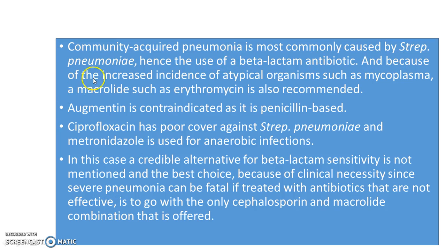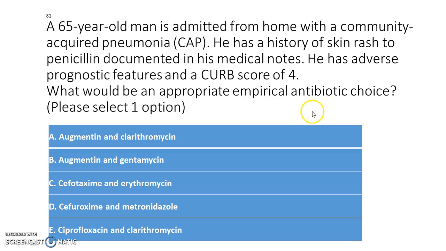And because of the increased incidence of atypical organisms, okay, so there is nowadays a lot of atypical organisms looking around, such as mycoplasma, then a macrolide such as erythromycin is also recommended. Okay, and augmentin is contraindicated as it is penicillin based. Okay, so augmentin is amoxicillin clavulanate.